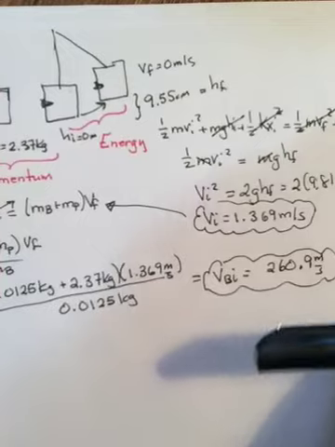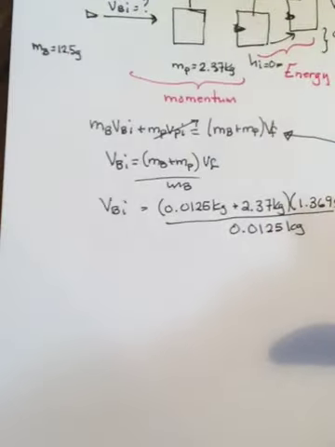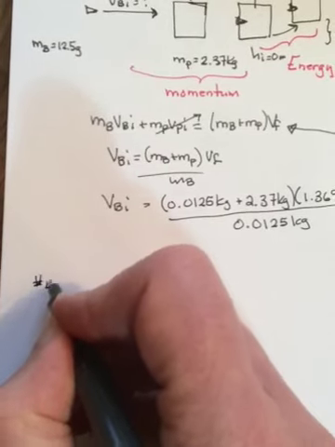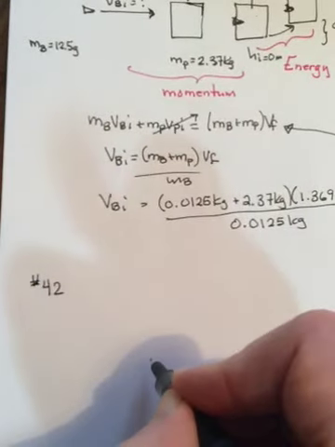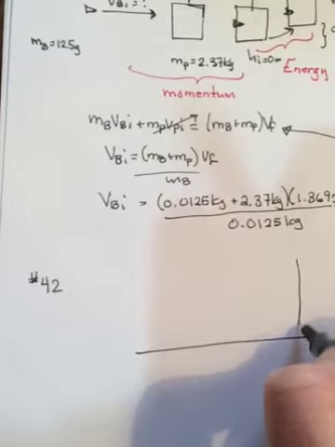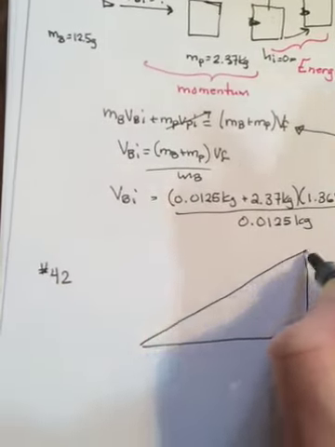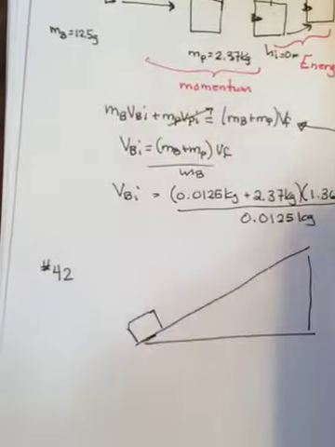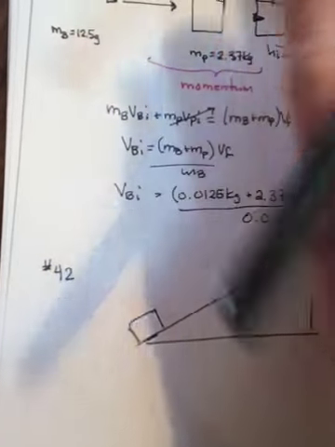All right, number 2, which is really number 42. In number 42, you have this inclined plane, and there's a cart right on the bottom, and the cart is on an air track.